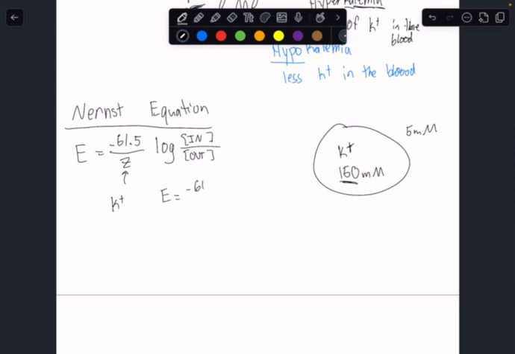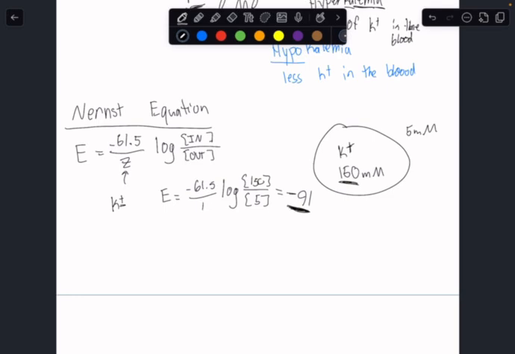So here's 61.5 over Z, since potassium is a +1, so it'll just be 1. We take the log of the concentration of the inside of the cell, which is the 150, divided by the 5, which is on the outside. And this should give us a -91.